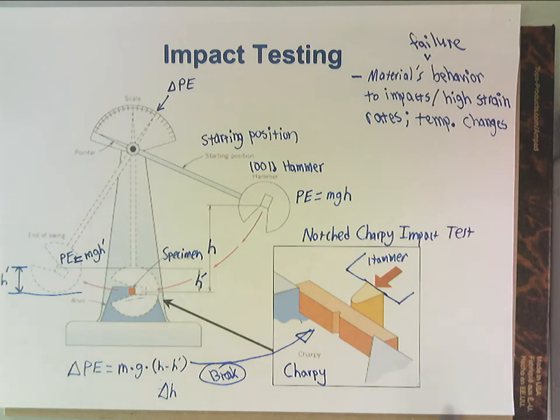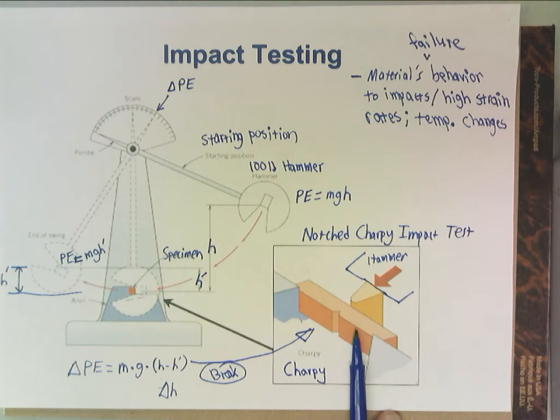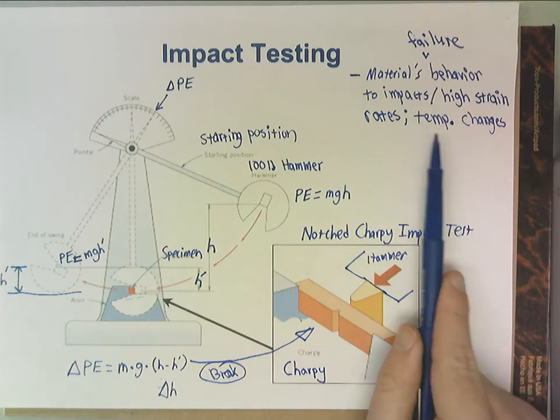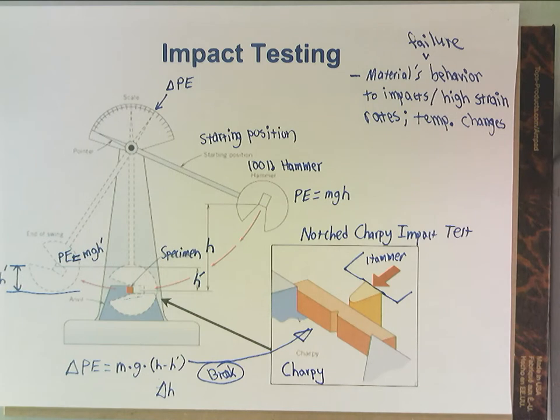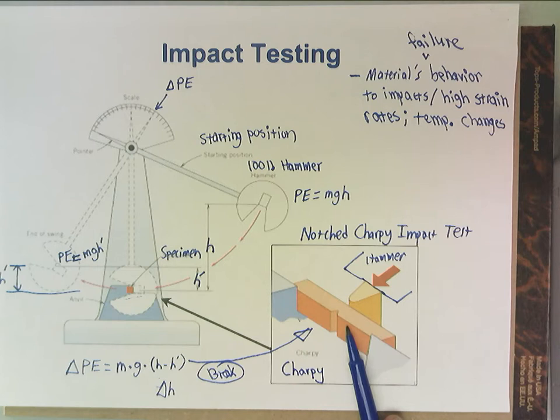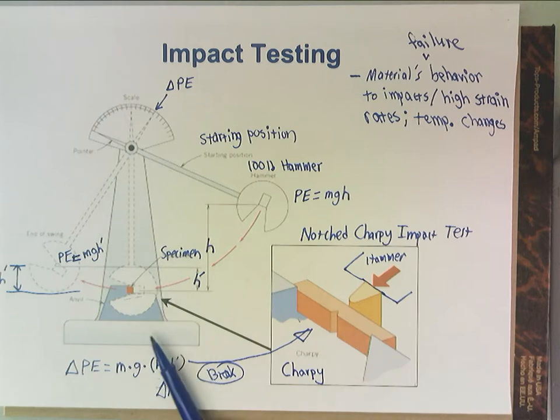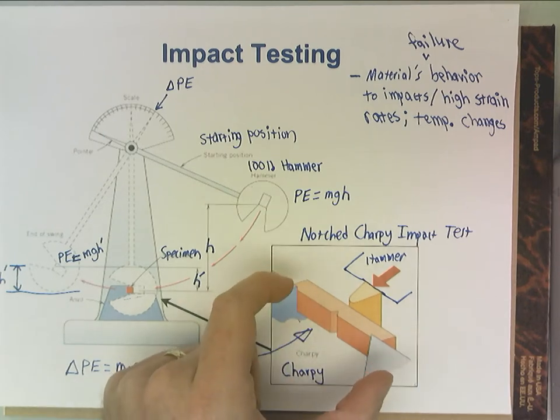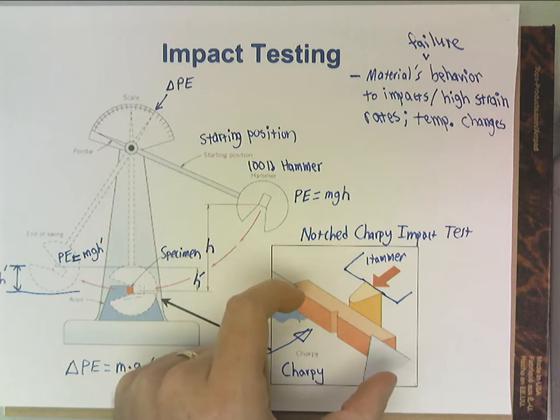So, change the specimen's temperature, and we can see how temperature changes affect the failure behavior of the material. So, you can pull these out of a furnace. I've seen people pull these out of a little bucket of liquid nitrogen sitting next to it. You just have tongs. You don't stick your hand in there. But they have tongs that grab these samples and actually center them in the machine very rapidly.